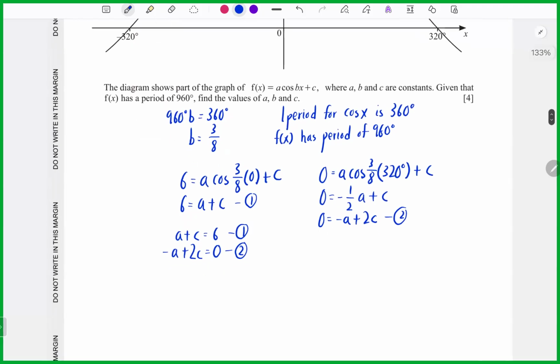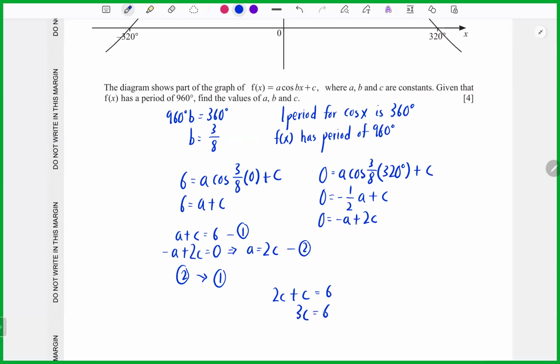So a equals 2c, this is the second equation. I take the second, substitute into the first: 2c plus c equals 6. 3c equals 6, c equals 2. And then a equals 2 times 2, we will get a equals 4.